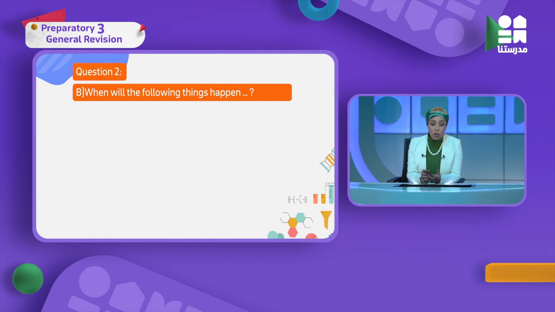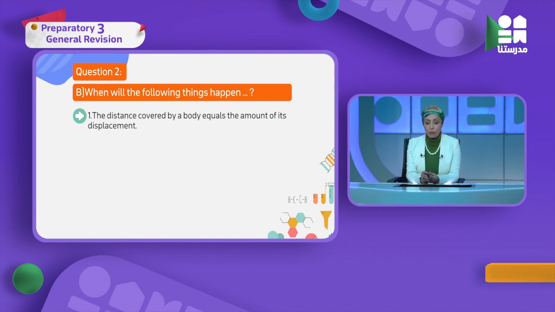Another question: when will the following things happen? When does it happen? When does the distance covered by the body equal the amount of the displacement? In which case is the distance the same as the displacement? If I measure the distance, I find it is the same as the displacement.